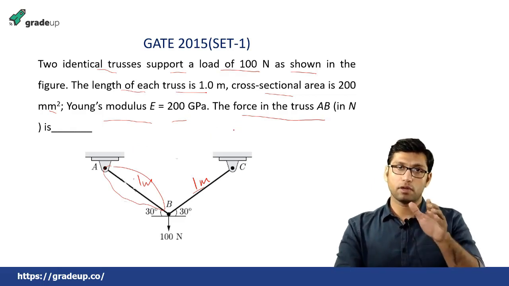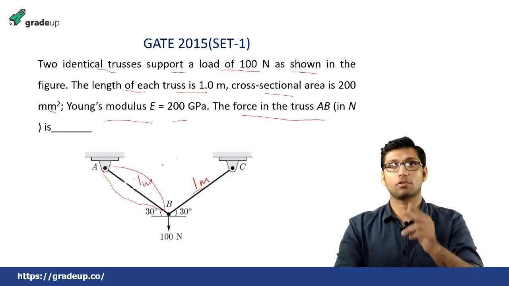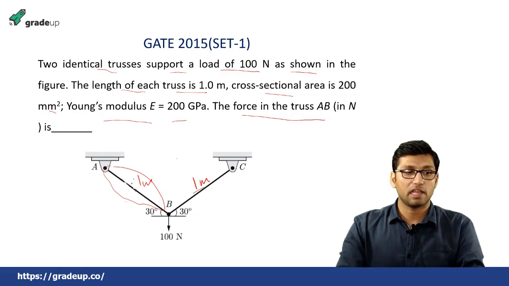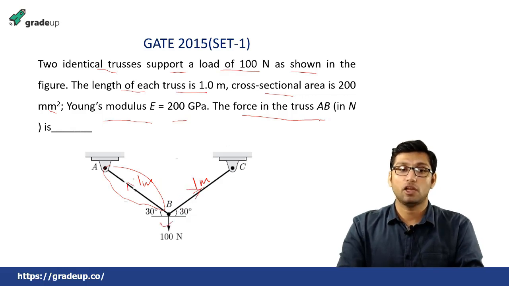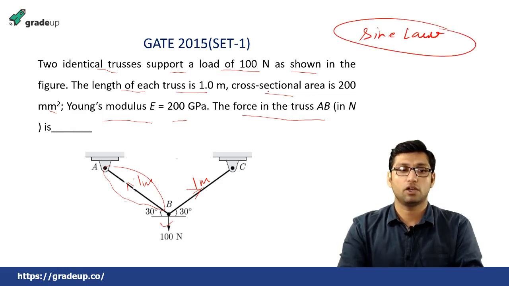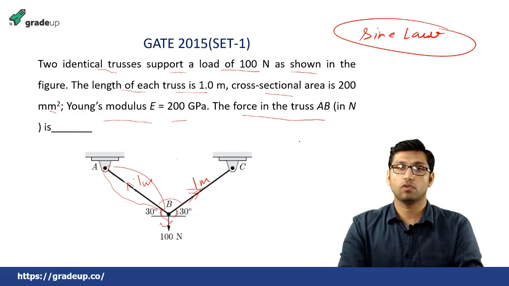If you remember, I have told you on the concept of trusses that there are two methods, either method of joint or section. But there was one more important method: if you know the value of these forces, you can easily find it by sine law. As you can see, there are three forces, and if we somehow find the angle between these forces, you can easily calculate the unknown force.